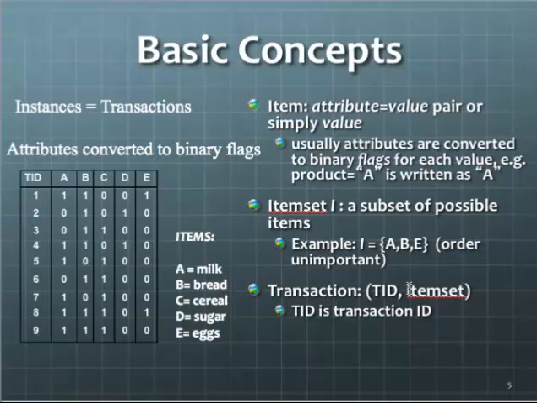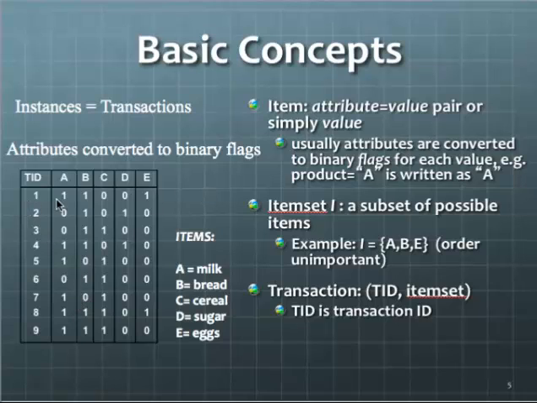When applying the association rule to the transaction data, we need to first transform the transaction data to a binary representation, as shown in this table, where each row corresponds to a transaction and each column corresponds to an item. An item can be treated as a binary flag whose value is 1 if the item is present in the transaction and 0 if the item is not present in the transaction.